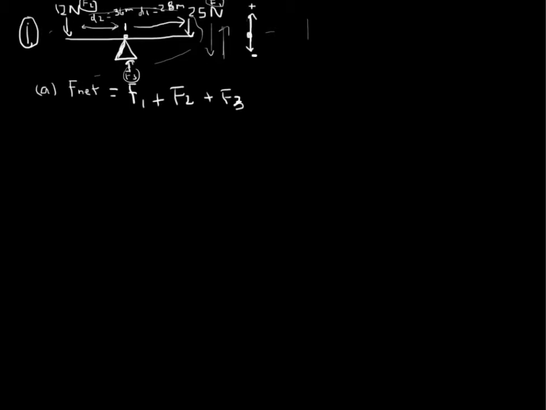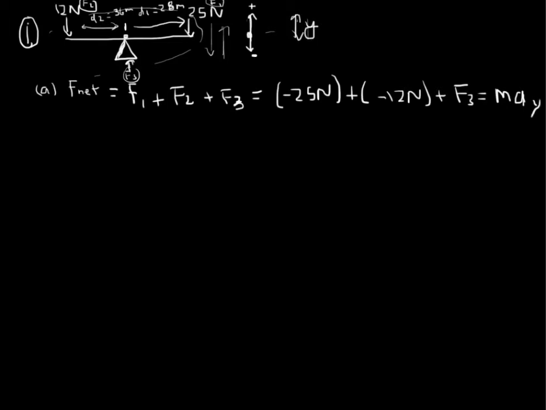Okay, so our force 1, which acts downwards, negative 25 newtons, plus our force 2, which acts downwards, negative 12 newtons, plus force 3. We know that that's equal to mass times acceleration in the y direction. And we know that that's equal to 0 because, like I said, it's not moving up and down.